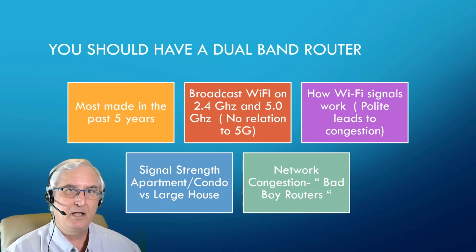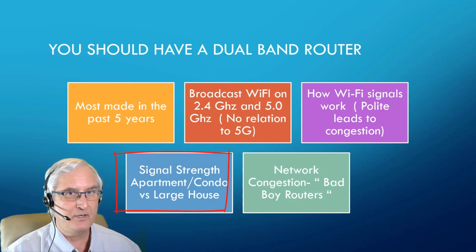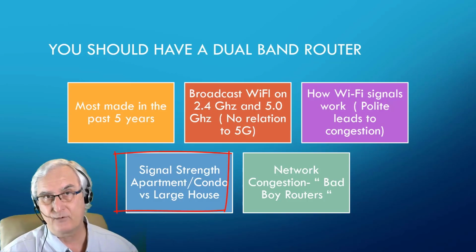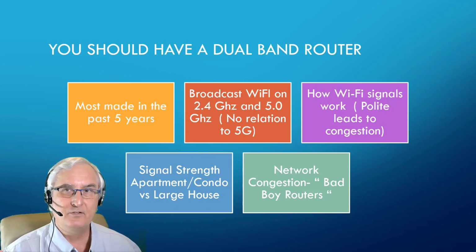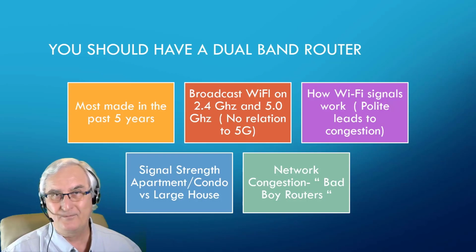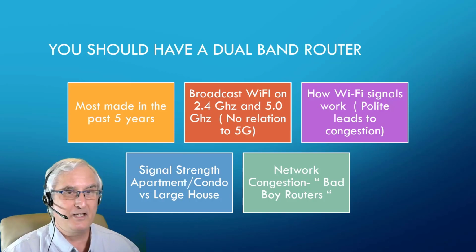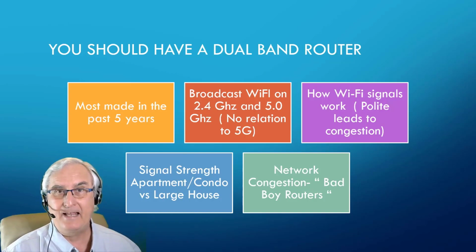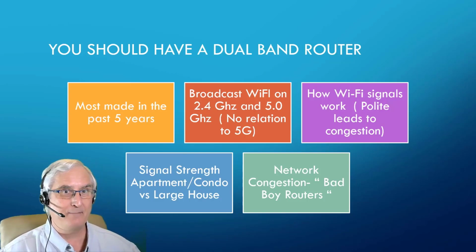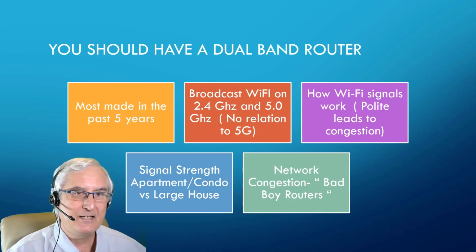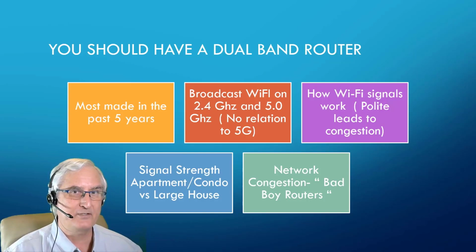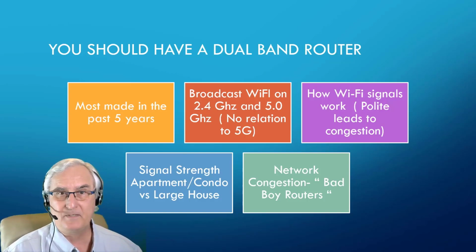This becomes a huge problem with signal strength. Say you've bought a very powerful router and you're using it for a big house, let's say a 4,000 square foot house, and then you move into a condo, a place where you have a very tiny area to live, and on that floor you have maybe 10 suites, and they all have routers in them. If you bring your bad boy router, as we call it, into your condo, the signal is going to blast across the whole floor and all those people.